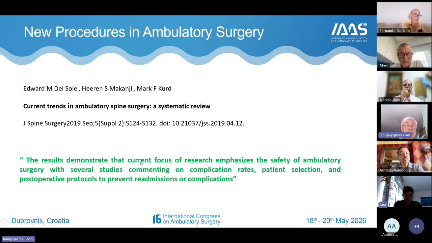And the conclusions are: the results demonstrate that current focus of research emphasizes the safety of ambulatory surgery, with several studies commenting on complication rates, patient selection, and postoperative protocols to prevent readmissions or complications. Note the importance of minimally invasive techniques. Today, this is a safe surgery.